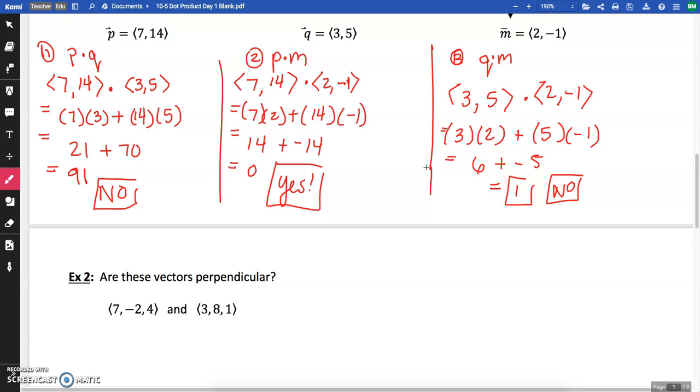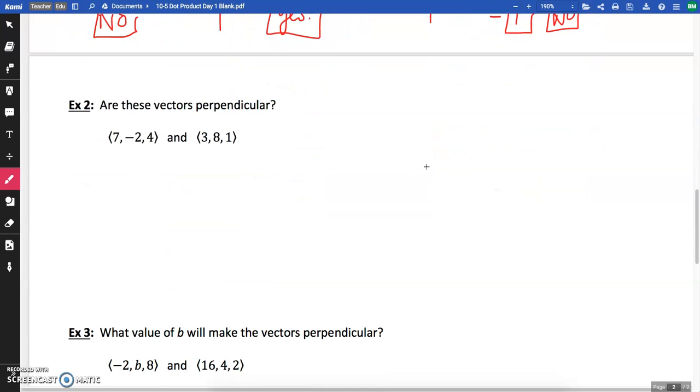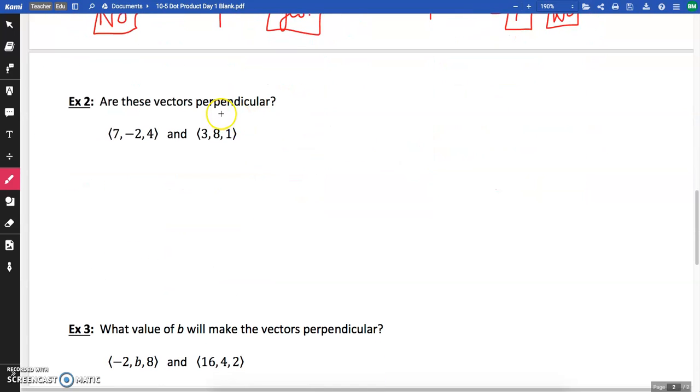Okay. And then our next question, same question, are these vectors perpendicular? But this time we're looking at three-dimensional vectors. And just like with our other operations, for a three-dimensional vector, the operation works the same way. So to find the dot product, we're going to multiply the corresponding pieces and then add those values up. Okay, so I just rewrote it with my operation in the middle.